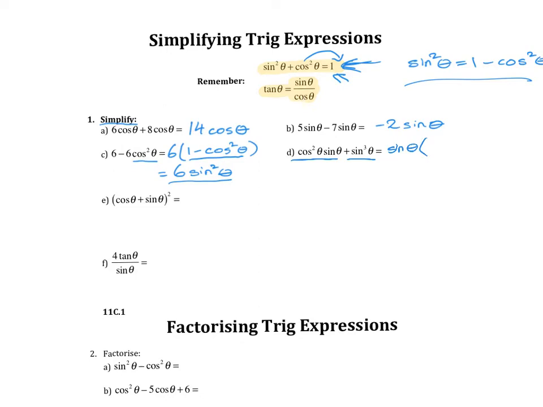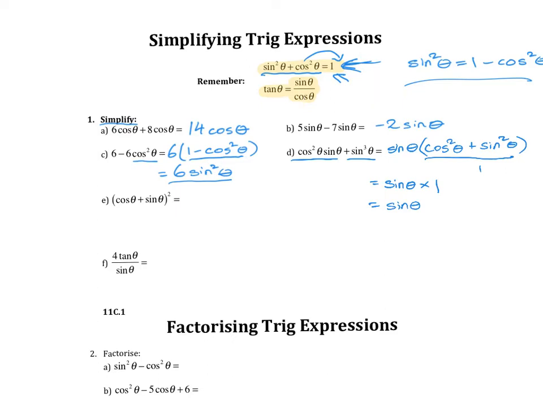If I take sine theta out of the first term, I'm just left with cos squared theta. If I take 1 sine theta out of the second term, I'm just left with sine squared theta. Oh, wait a minute, this is the same as this identity, so everything in the brackets would equal 1. So then we get sine theta times 1, or just sine theta.